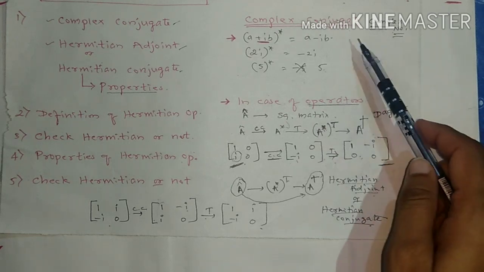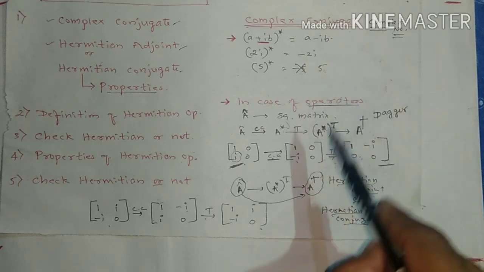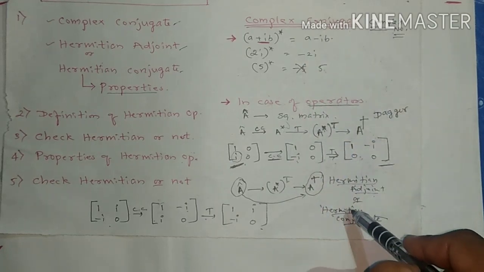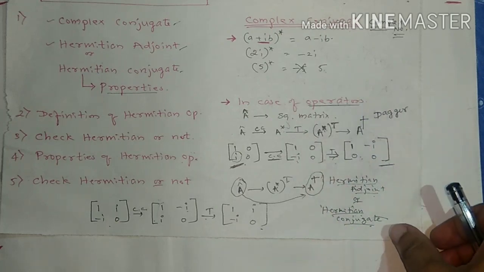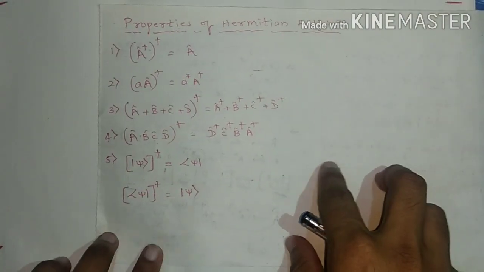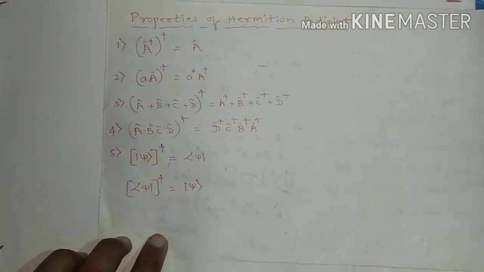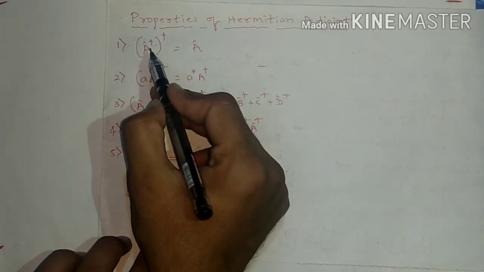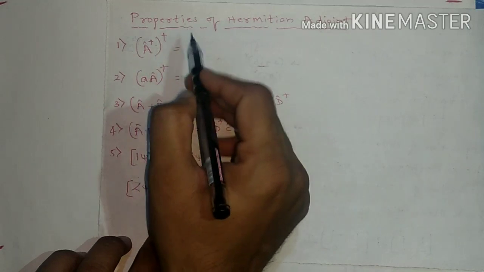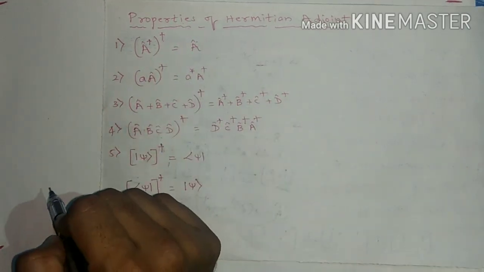After studying the basic definitions of the complex conjugate and the Hermitian adjoint of an operator, let us see a few properties of the Hermitian adjoint. The first property is, if we have A dagger and again a dagger, we get back the same operator.